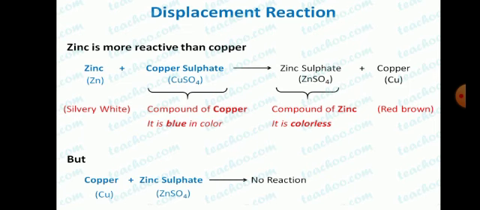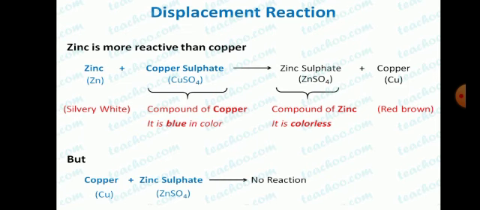Your zinc is a silvery white metal and your copper sulfate compound is blue in color. The end product here is a compound of zinc, that is zinc sulfate, which becomes colorless after the chemical reaction, and your copper, which is left alone, becomes red brown in color.